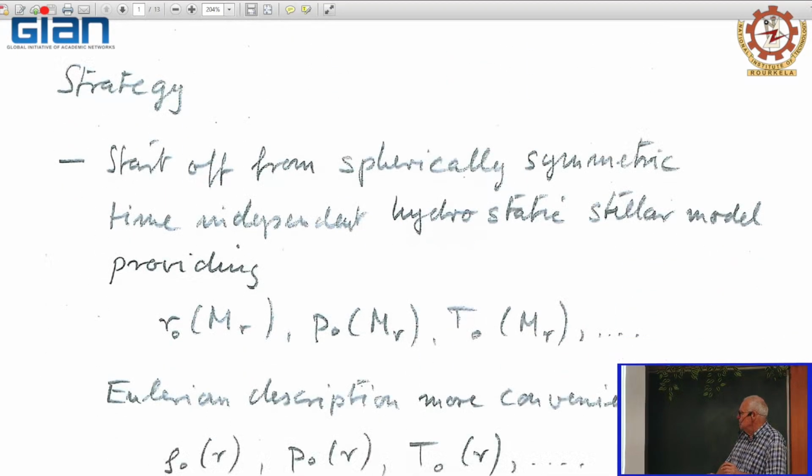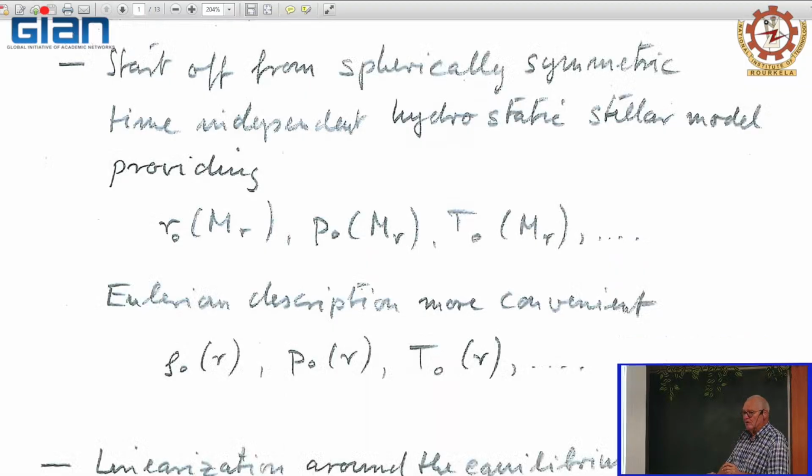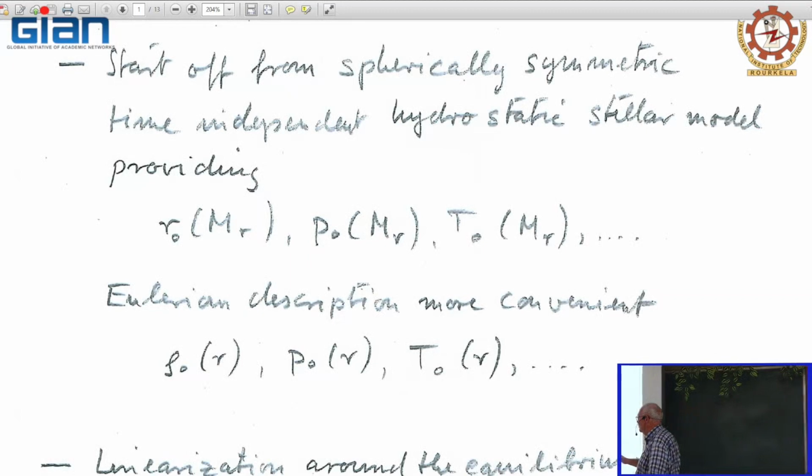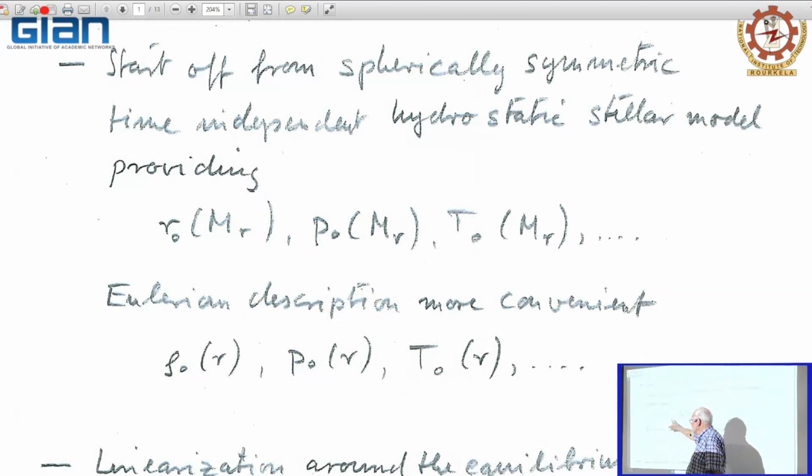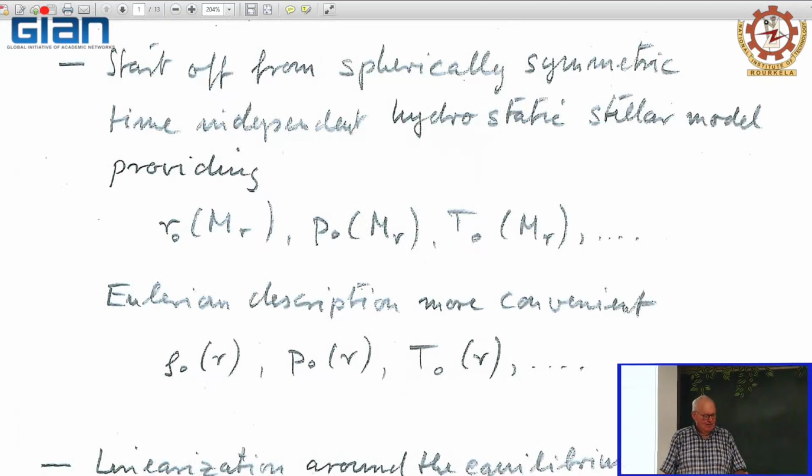So we can assume that the following quantities are predetermined and known: the radius r0 as a function of m, pressure, temperature, and so on. Hitherto, we have only used the Lagrangian form of description, so we were always moving together with the fluid element, with the mass element.